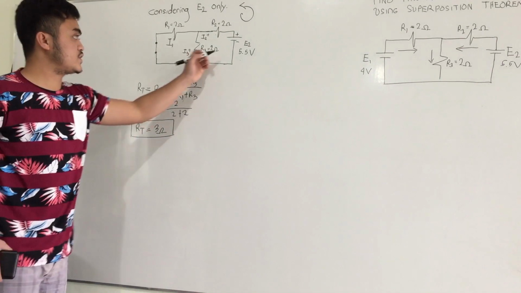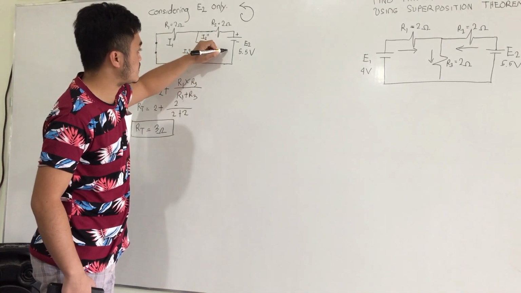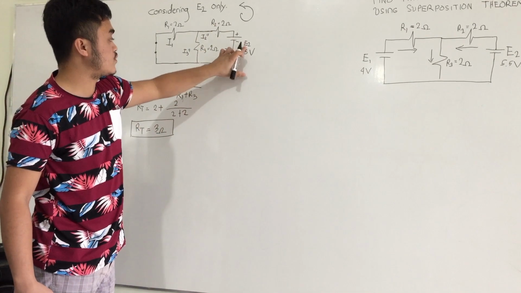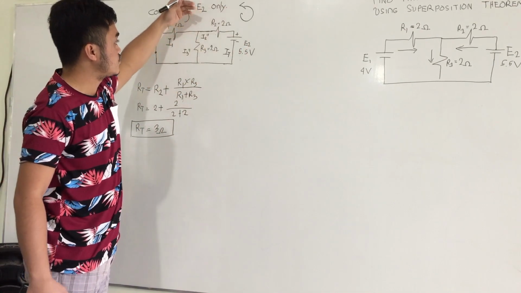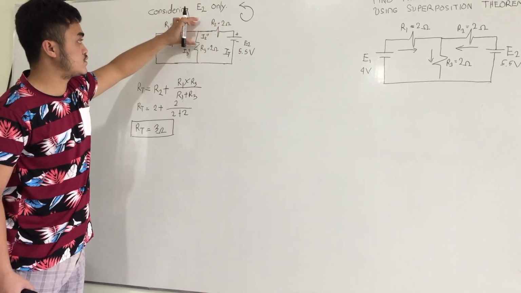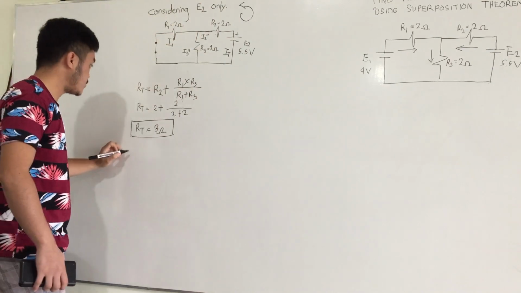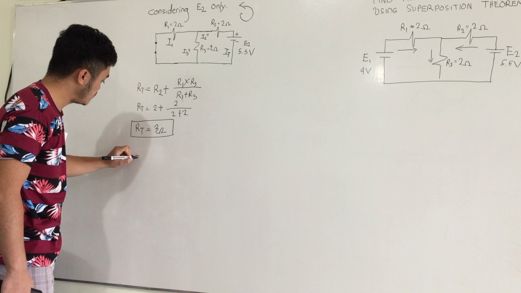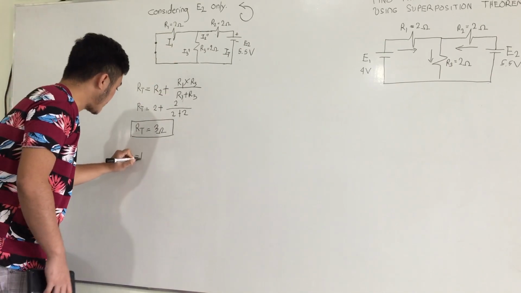Now, take a look here that this is the I total. So this is the I total that will be coming from our E sub 2 that is equal to the I sub 2 double prime. So yun din yun. So our I sub 2 ay pareho. The I total is equal to I sub 2 double prime.